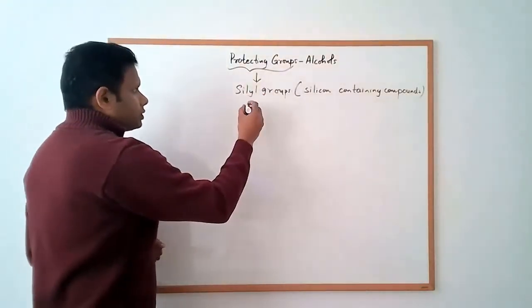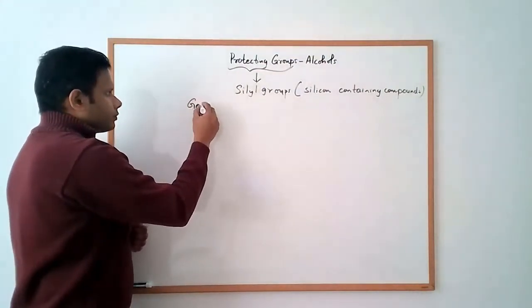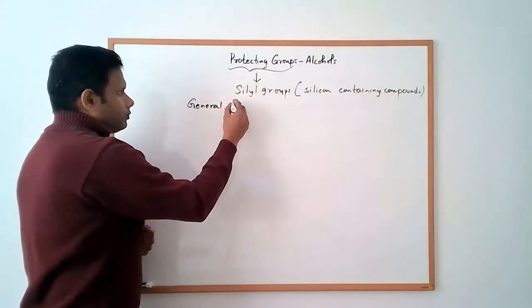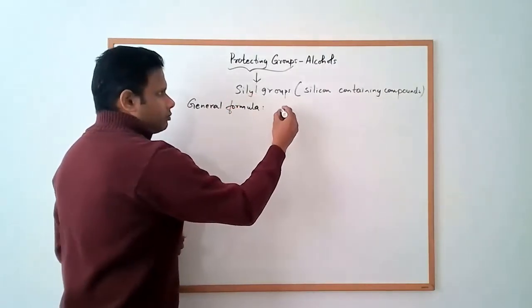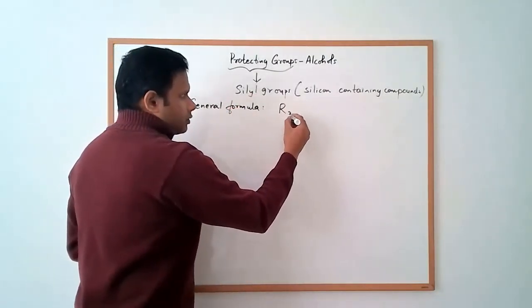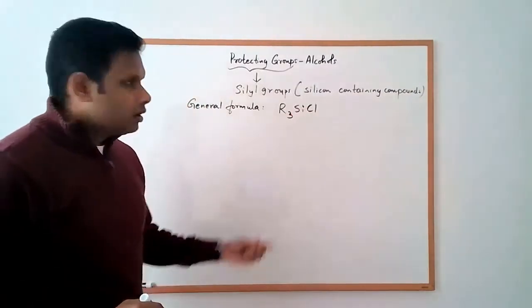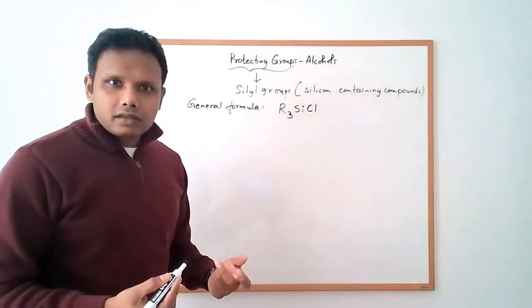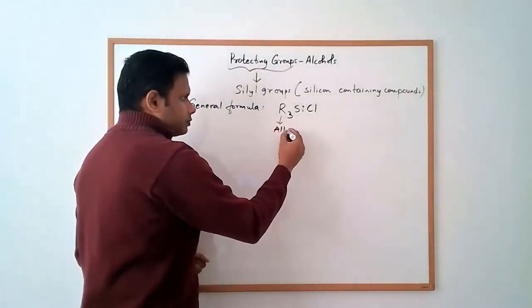And the general formula for these compounds is R3SiCl, where R is an alkyl group.